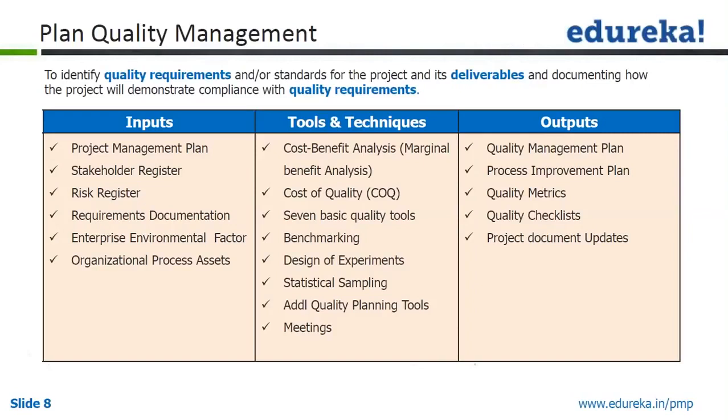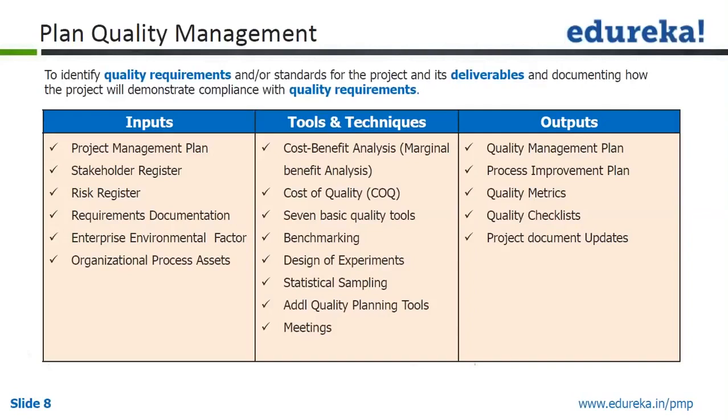Right now, these are things like brainstorming and nominal group technique, which we already covered as part of the collect requirements process, right? Those tools can be used as additional quality planning tools. Meetings, of course, need not be explained.